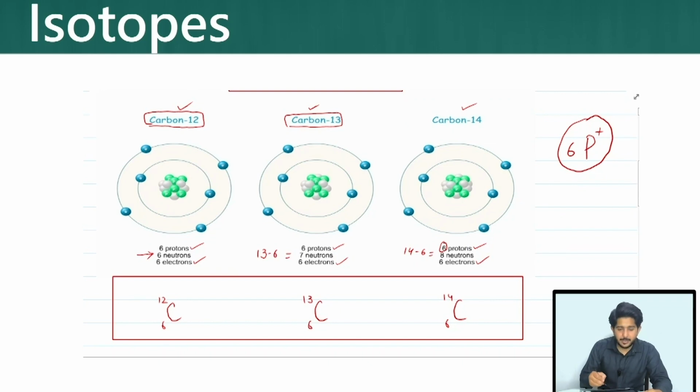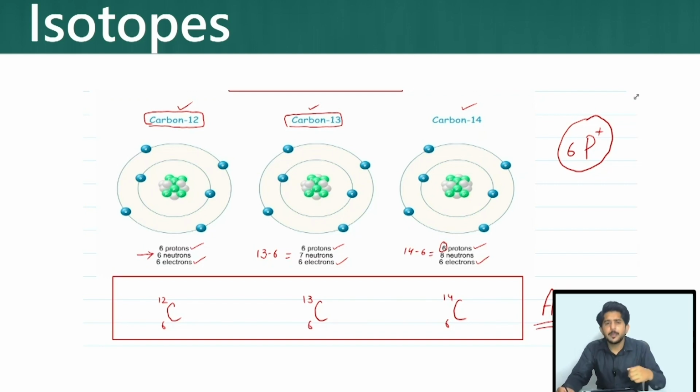So these atoms can be represented in this way: carbon 6 12, carbon 6 13, carbon 6 14. These 3 atoms of the carbon element are the isotopes of carbon.